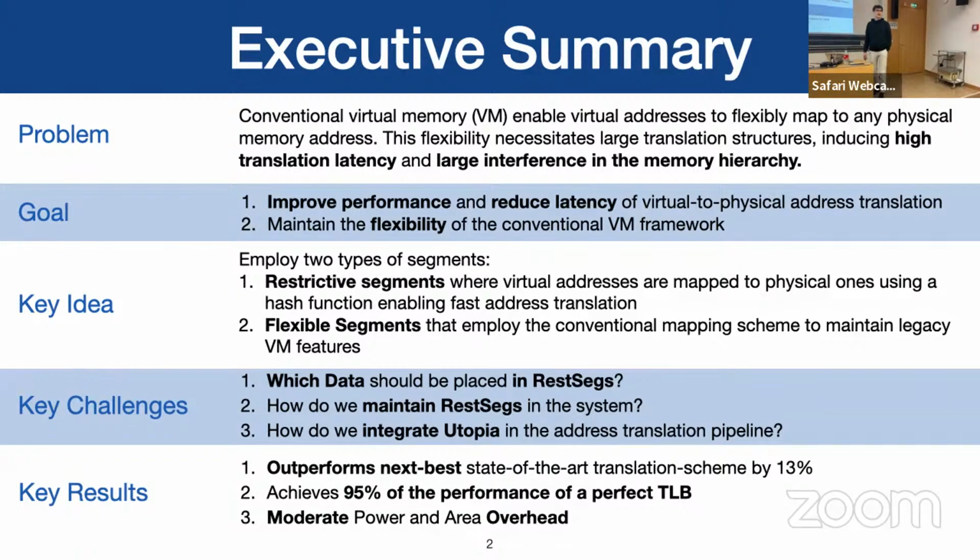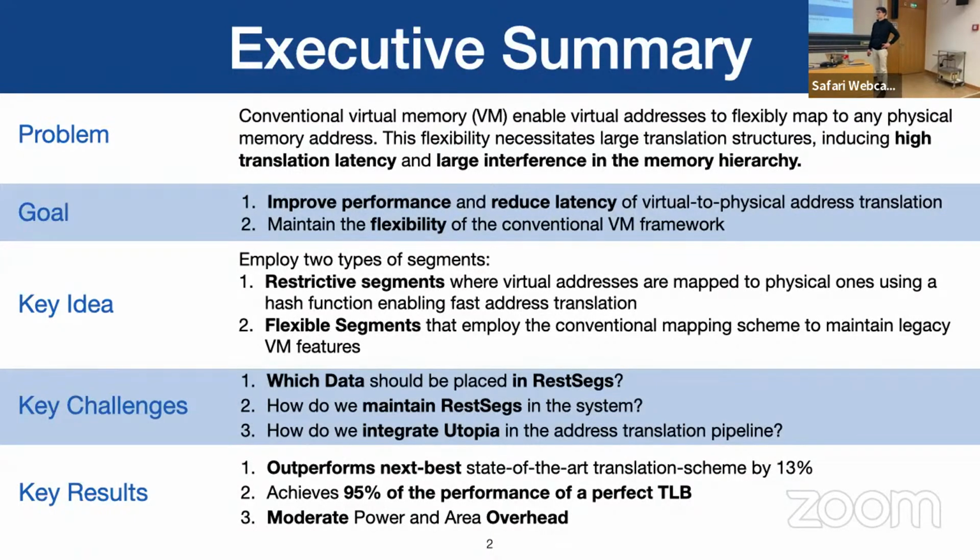But the idea behind it is quite different. Here we employ two types of segments, restrictive segments and flexible segments, where restrictive segments perform address translation using a hash-based approach, and flexible segments use the conventional radix page table-based approach.